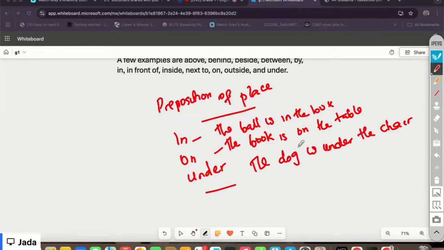Just look around your room, your house, anywhere you're at, and tell me what you can see for the preposition of place: in, on, under. Just like we have the book is on the table. So in your living room, what is on the table? Like the ball is in the box. So what can you see in your home that you could use in, on, under to describe?